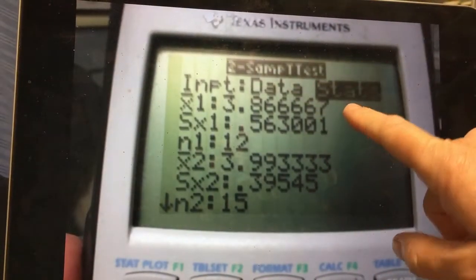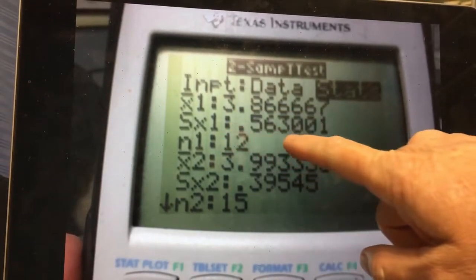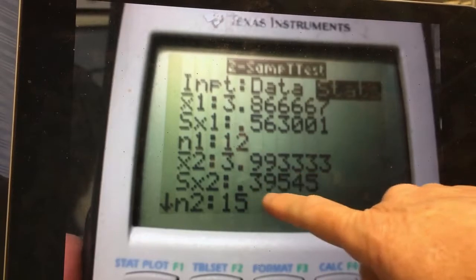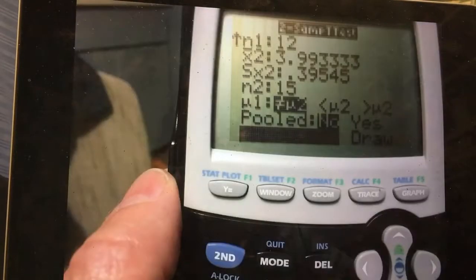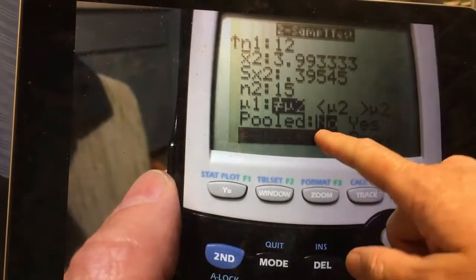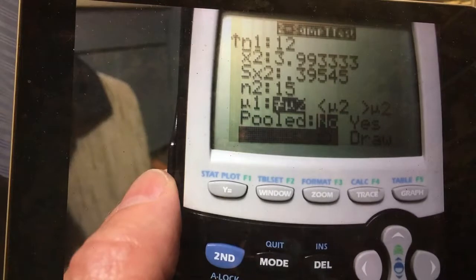So we're going to do this from stats instead of data, and we're going to use the values that they gave us when they figured them out. And then we're going to come down here, and notice I said it's not pooled. We only pool when we have dependent data or when we're doing the proportion test. So we're not going to pool them.